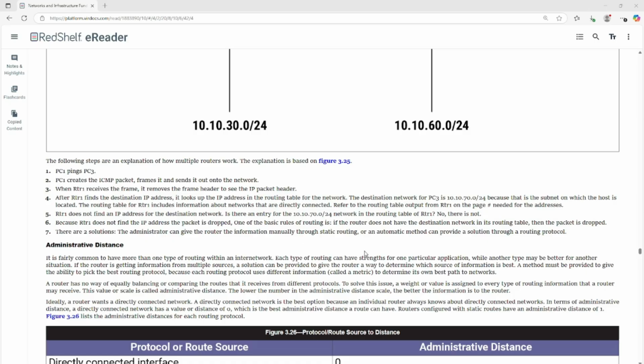It is a method that gives a router the ability to pick the best routing protocol, because each routing protocol uses different information to determine its own best path to networks.